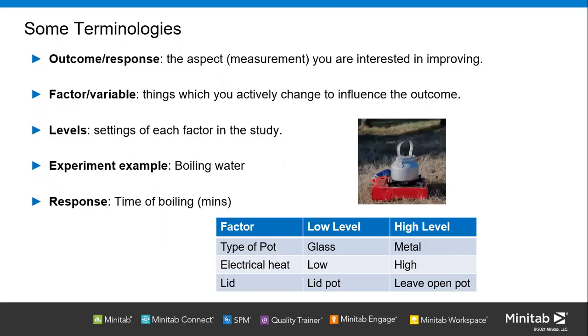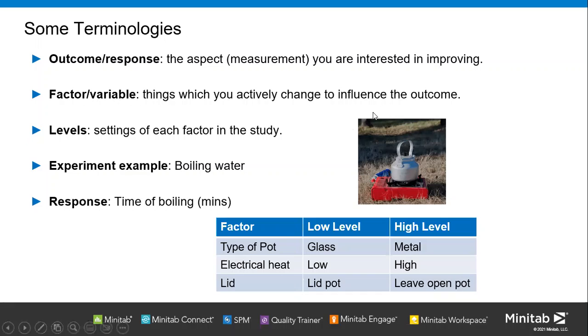Okay, for those who are new to design of experiment, here is some important terminology to know before we go further. The first thing is the response, an outcome, or in mathematical terms, we call it Y. It is the aspect of measurement you are interested in improving. For this case, we want to know about the time of boiling, the critical part.